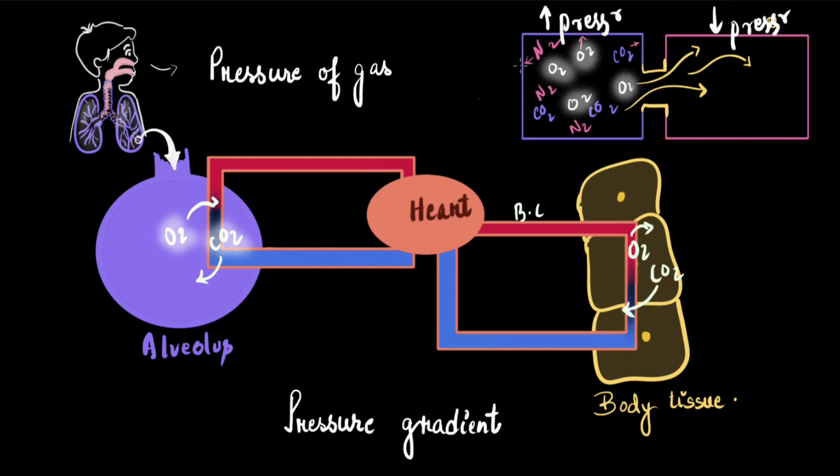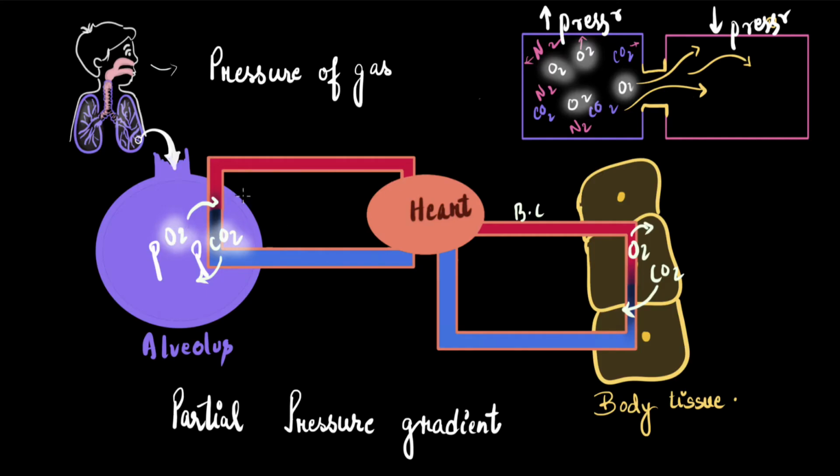Same for carbon dioxide as well. So the pressure of an individual gas is called the partial pressure. For oxygen, we write it as PO2, the partial pressure of oxygen, and PCO2, the partial pressure of carbon dioxide.